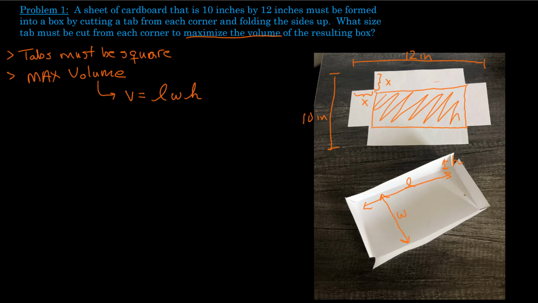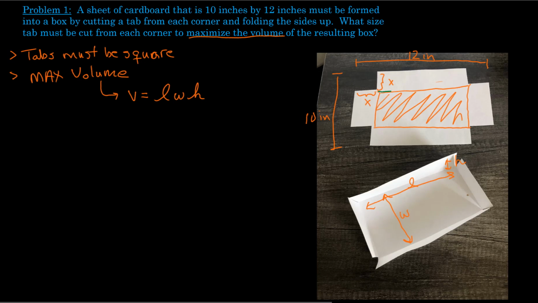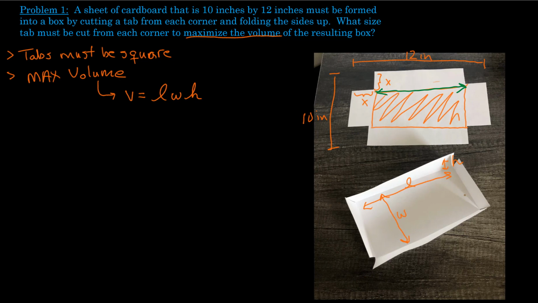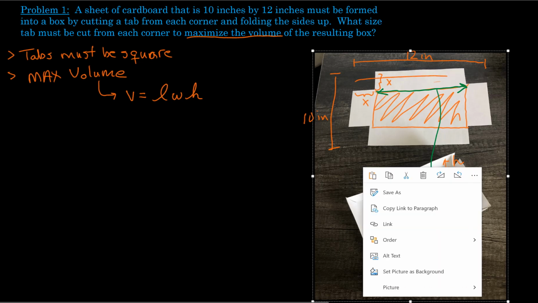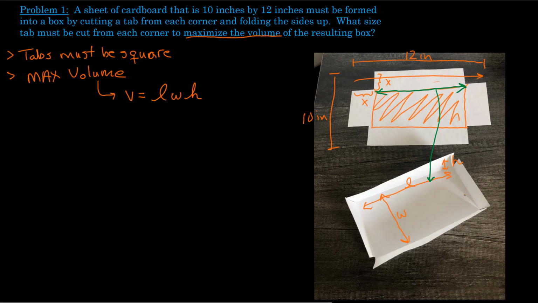The length of that box, the shaded in area, is this length right here. The length of it, which matches this measurement here, is going to be the whole 12 inches, because remember I started from there to there.